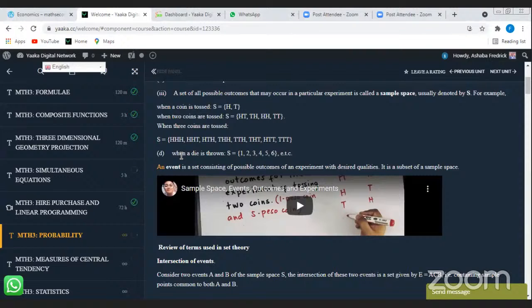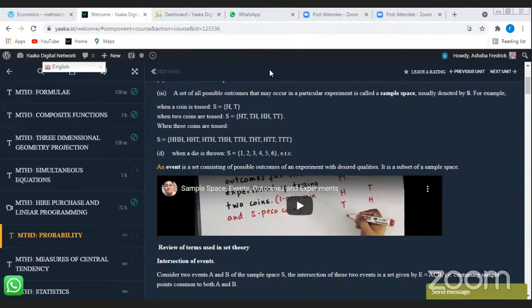Then we also have a possibility of throwing a die, and a die is numbered 1 up to what? So 6. 1 up to 6. It has sides 1 up to 6, and when you toss it, each side shows.